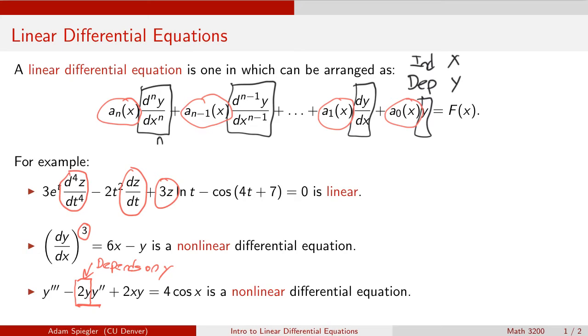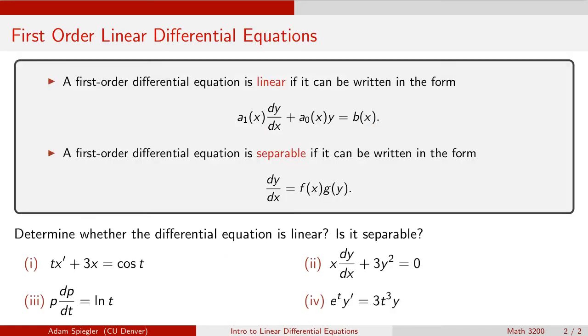So here are some examples of linear and nonlinear higher order differential equations. On the next slide, I want to just focus on first order differential equations. And so the situation that we'll be thinking about initially is going to be much easier. So when we have a first order differential equation, we're not going to have any derivatives with an order bigger than 1.